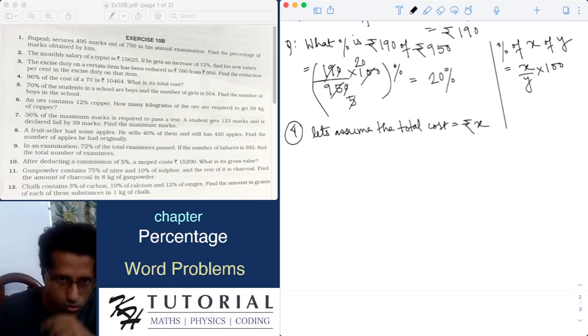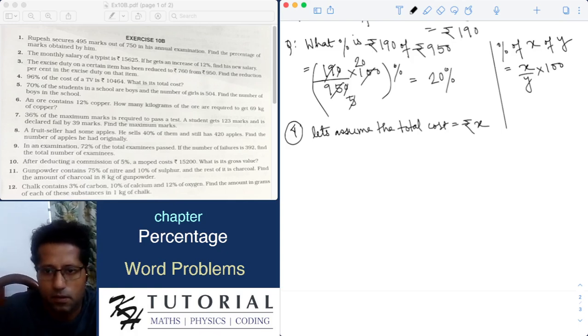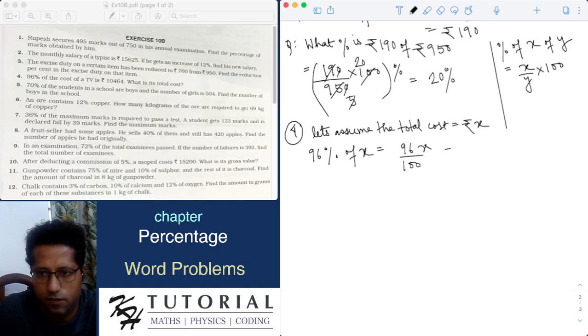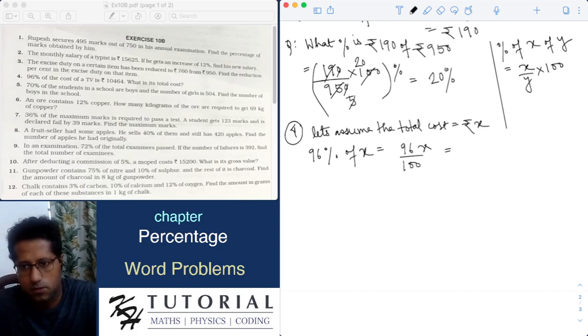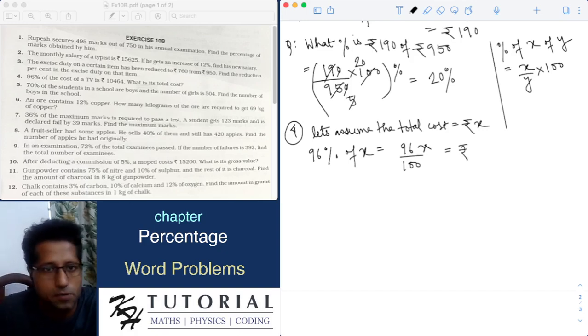Let x be the total cost of the TV. Now 96% of x equals 96 divided by 100 into x, which is given to be rupees 10464. So now we have to find x.